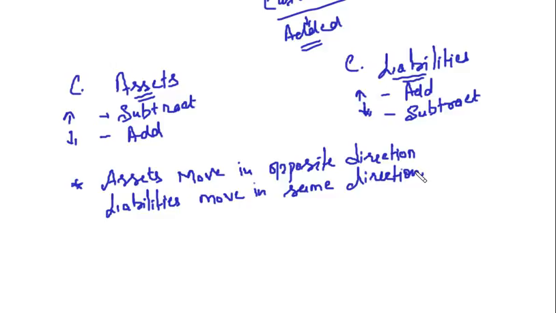So this is the general rule regarding current assets and current liabilities, the shortcut for exam. Assets move in opposite direction, liabilities move in same direction. Increase in asset, subtract. Decrease in asset, add back. Increase in liabilities, add back. Decrease in liabilities, subtract.